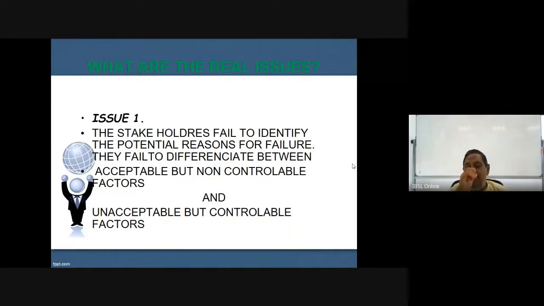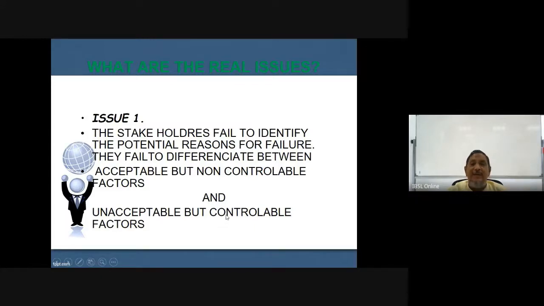What are the issues in Sri Lanka? Stakeholders fail to identify the potential reasons for failure. They fail to differentiate between acceptable but non-controllable factors and unacceptable but controllable factors. There are certain factors acceptable but not controllable, so we have to develop strategies to manage those factors and the unacceptable but controllable factors.